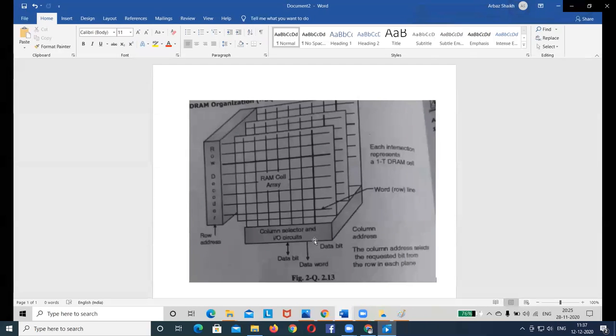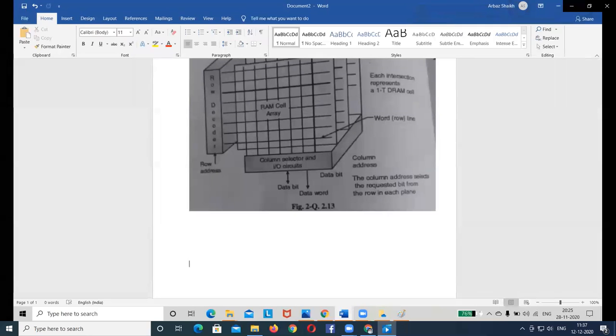So memory addressing, bit operation. These are the diagrams. Memory addressing. So let's see this.